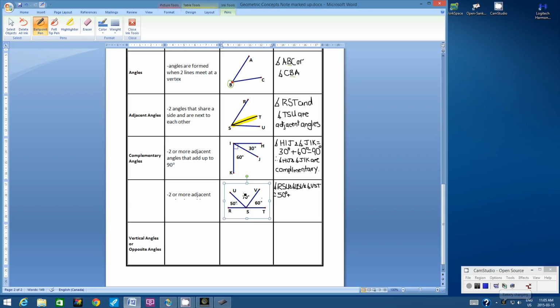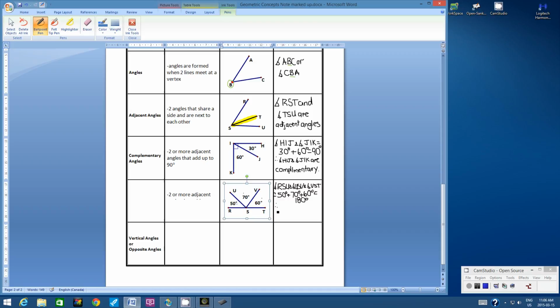Angle USV is 70 degrees. Angle VST is 60 degrees. And if you add all of those up, they equal 180 degrees.